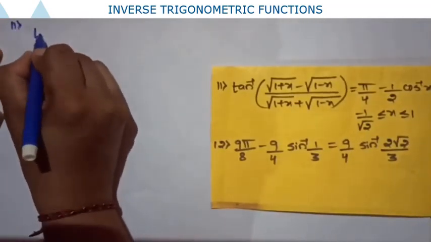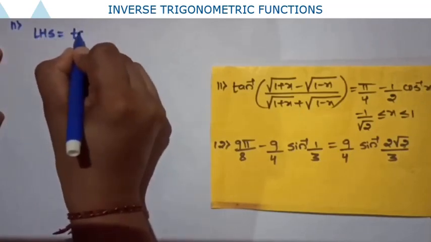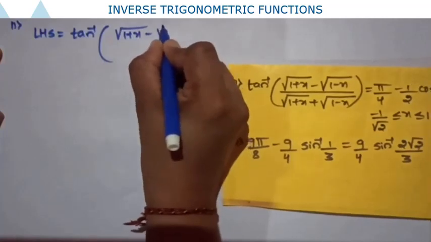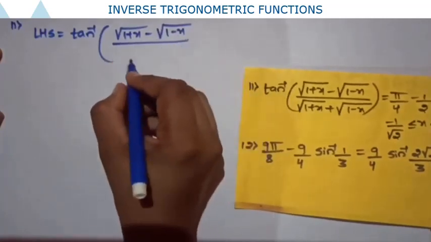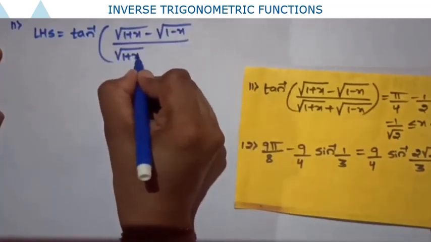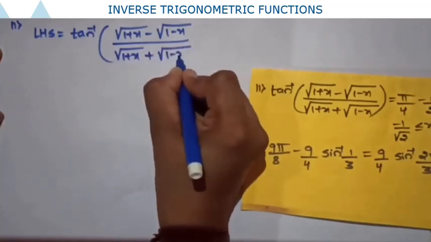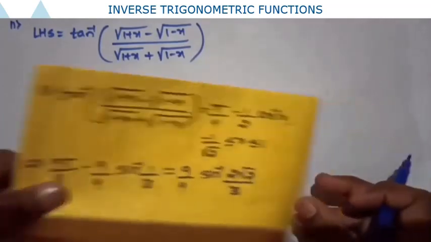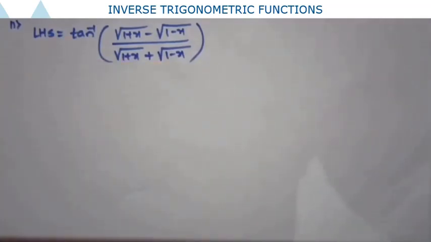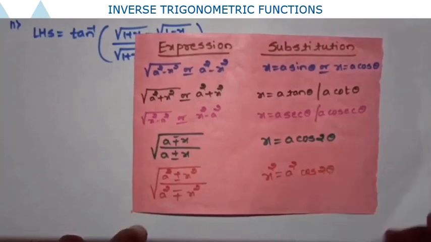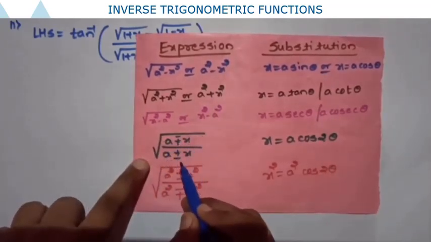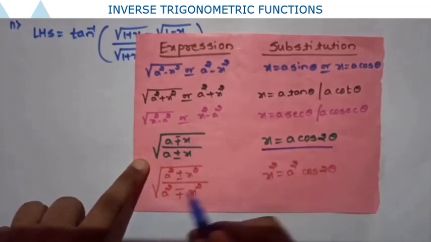What is the LHS here? The LHS is tan inverse of (root of 1 plus x minus root of 1 minus x) whole divided by (root of 1 plus x plus root of 1 minus x). Okay, so if the expression is of the form root of a plus or minus x by root of a plus or minus x, from the previous video remember that we needed to substitute x equals a cos 2 theta.